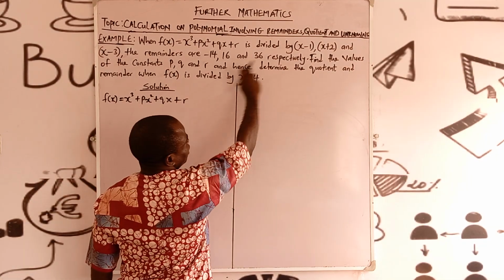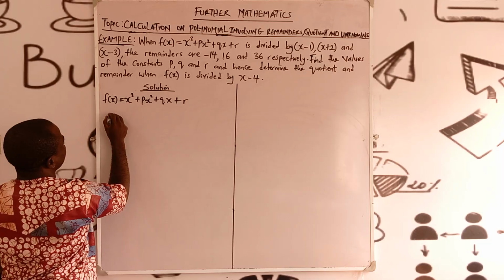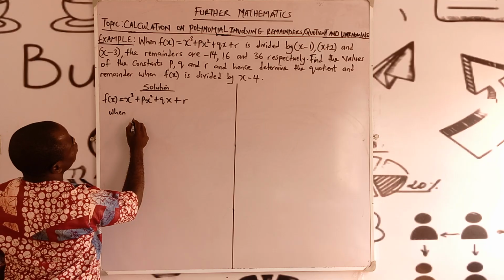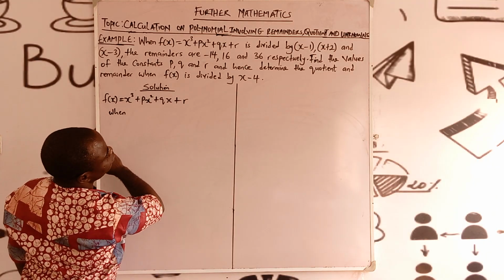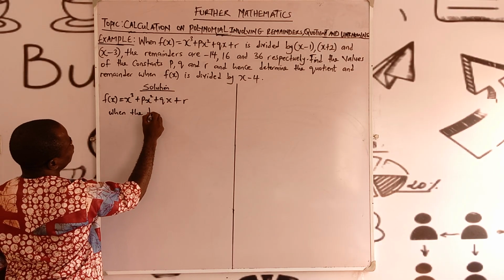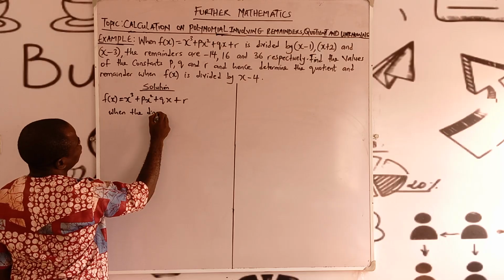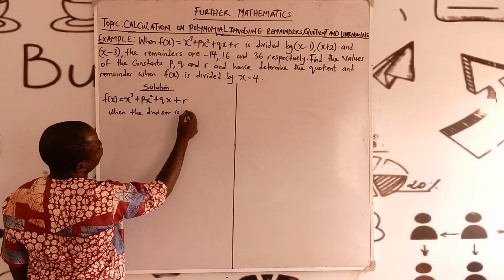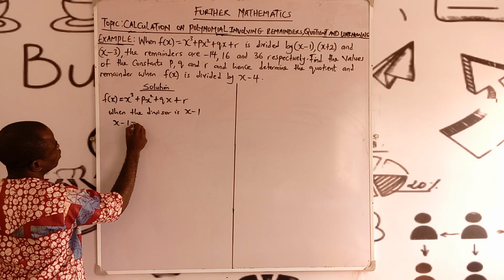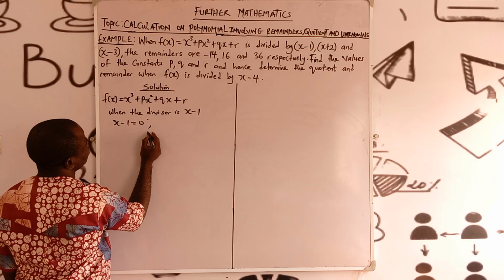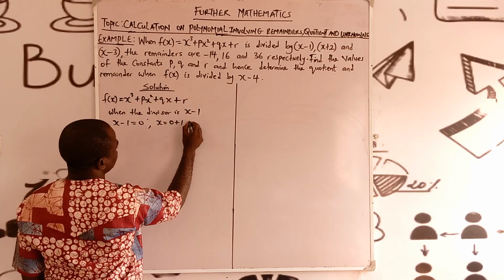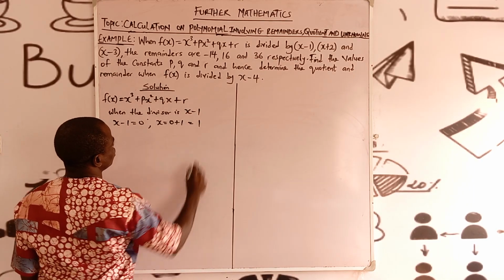When the divisor is x minus 1, x minus 1 equals 0, so x equals 0 plus 1, which equals 1.